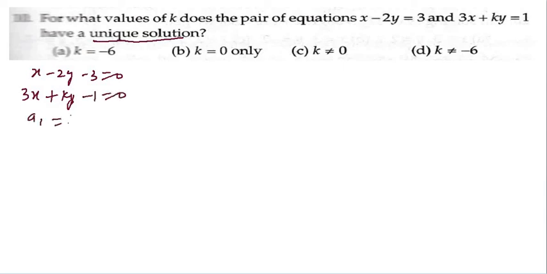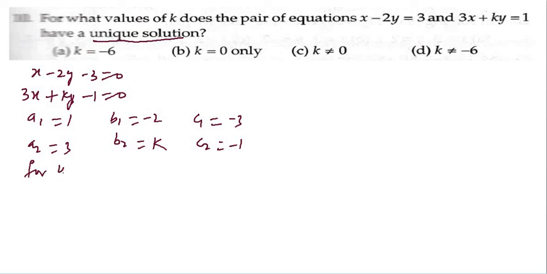So a1 equal to 1 and a2 is equal to 3, coefficients of x. Now b1 is equal to minus 2, coefficient of y. So b2 is equal to k, and c1 is equal to minus 3 and c2 is equal to minus 1. For unique solution, a1 upon a2 does not equal b1 upon b2.